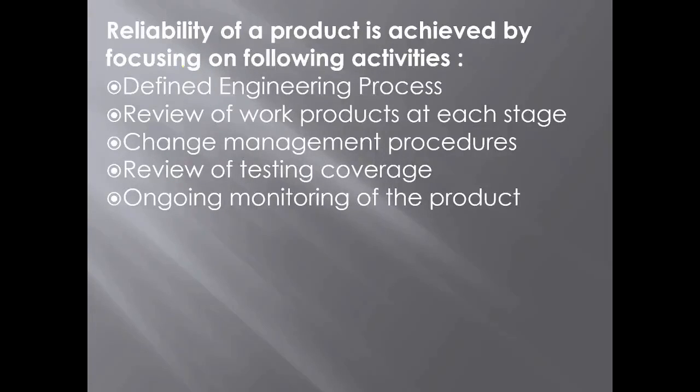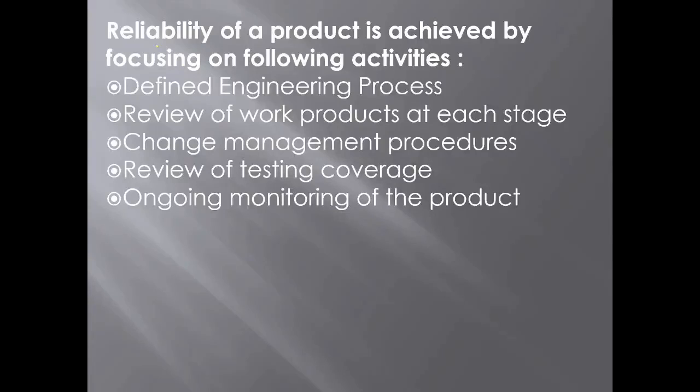Reliability of a product and reliability testing are different. Both are not similar. Reliability testing you have already seen. You are going to test specifically for how long the system keeps on operating without failures.